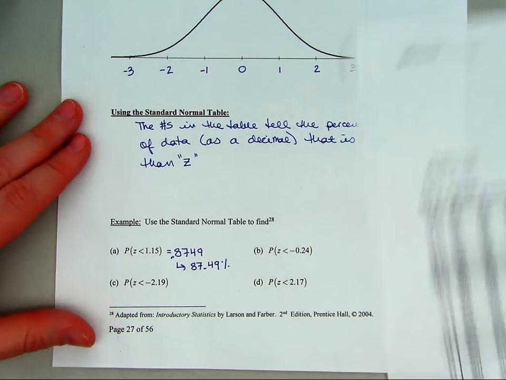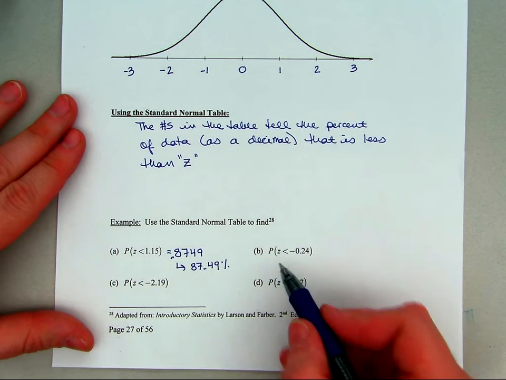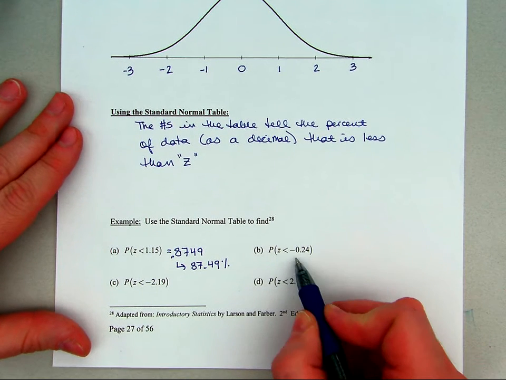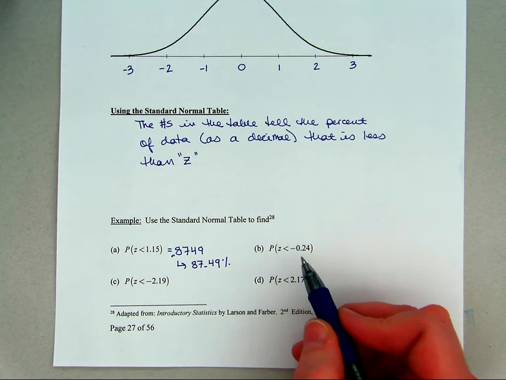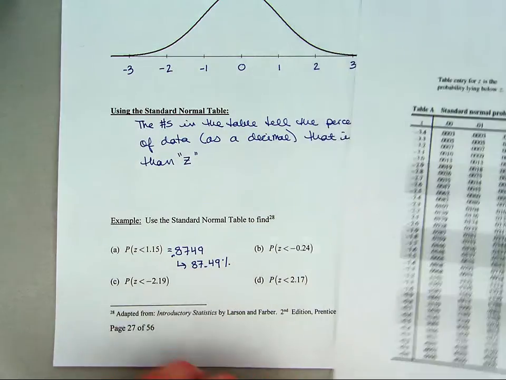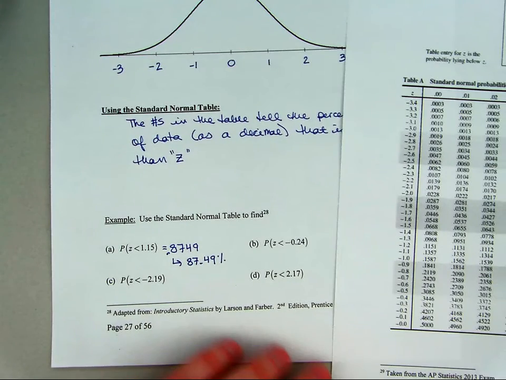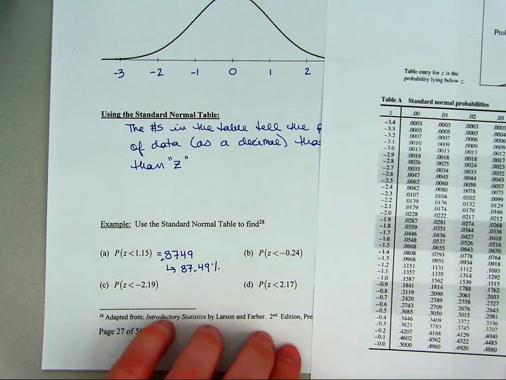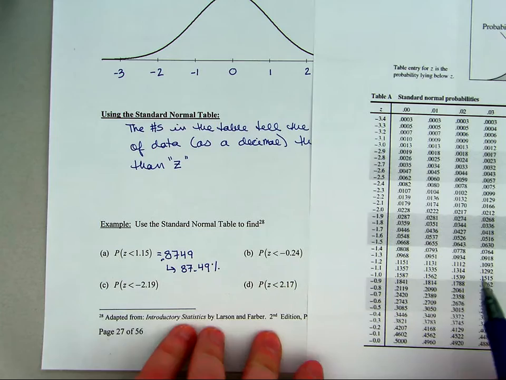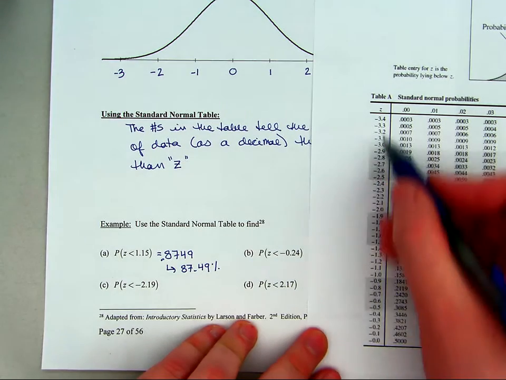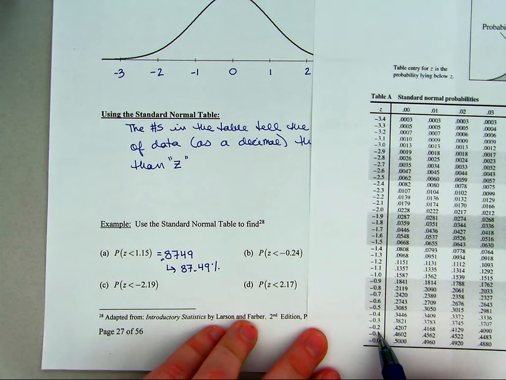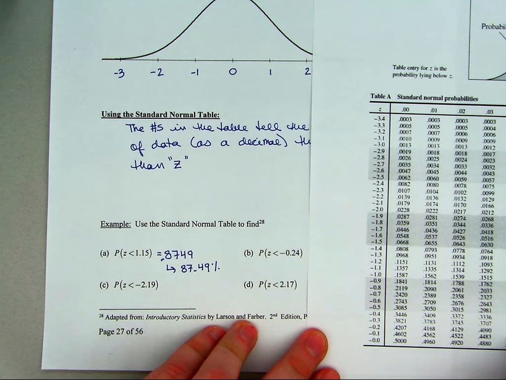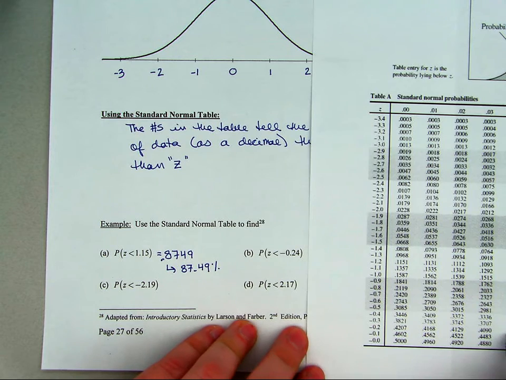If we're asked to find the percent of data less than -0.24, I'm going to go to my negative table, which is on page 28. As I think I mentioned last time, you will get a copy of this table for all tests and quizzes involving this stuff. Less than -0.24. So I'm going to go down to my row for -0.2, go over to 0.4, and I'm going to see that 0.4052 is the number in the table.